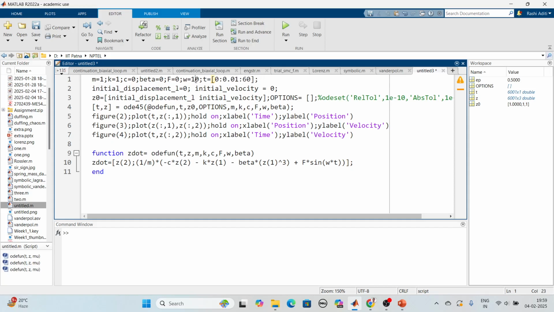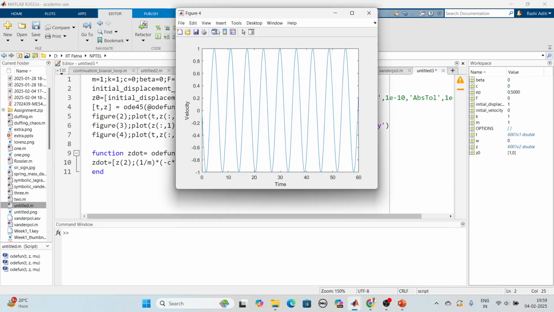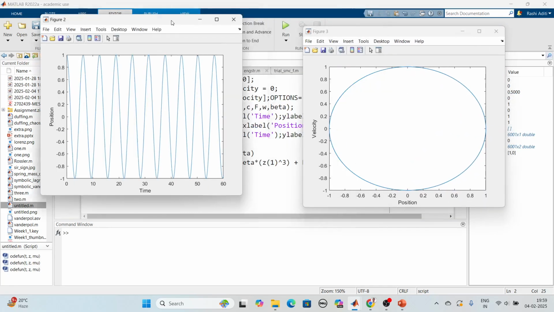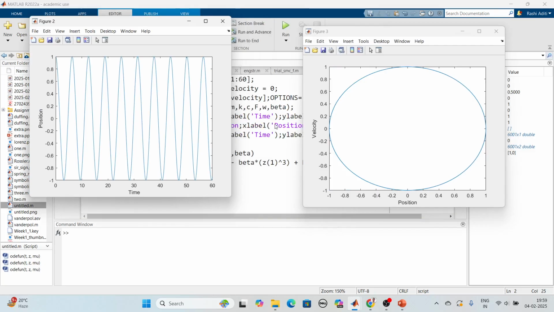We have f0, this 0. Let us see the response for 1, comma 0. This is the response, position, and phase space plot.